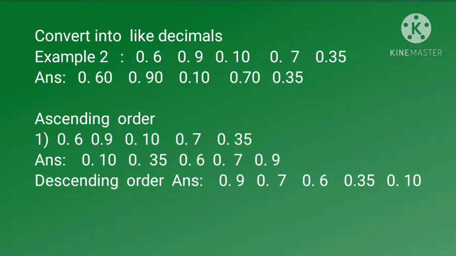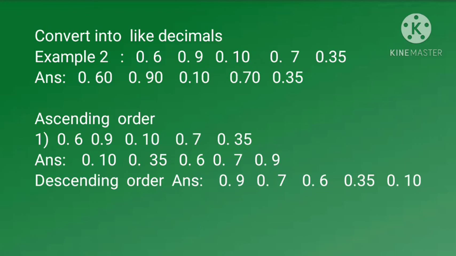Here 0.6 becomes 0.60, 0.9 becomes 0.90, 0.10, 0.70, 0.35. Answer: 0.60, 0.90, 0.10, 0.70, 0.35.